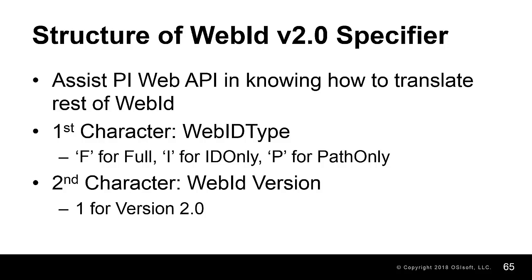The first character specifies what type of web ID the following is going to be. So we have F for full, where we know to look for both GUIDs and the path, I for ID only, and P for path only. The second character is going to specify the web ID version. As I mentioned in our previous video, a 1 is for version 2.0.